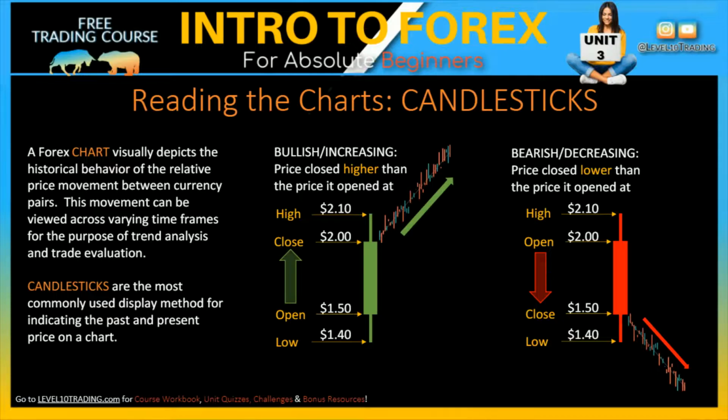And in this example, we're saying that price opened at $1.50, came down to $1.40, then pushed all the way back up to $2.10, and then came down before this candle closed out at $2.